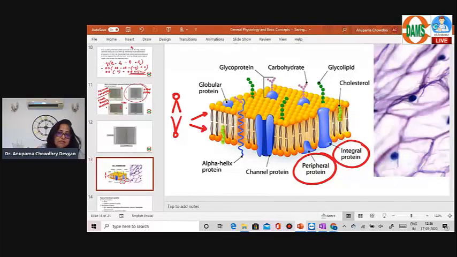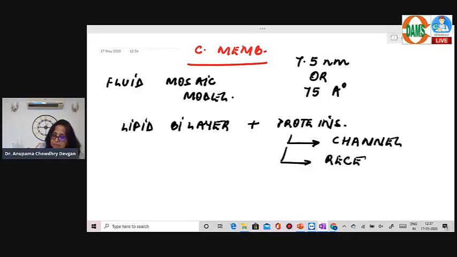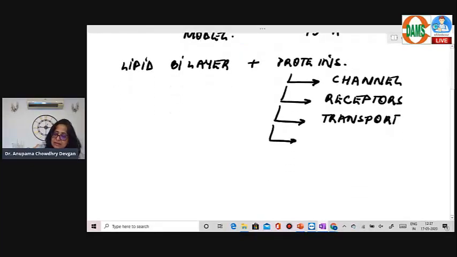So let's see what the functions of the proteins are. These proteins can act as channel proteins. They can act as receptors. They can be transport proteins, they can act as structural proteins.